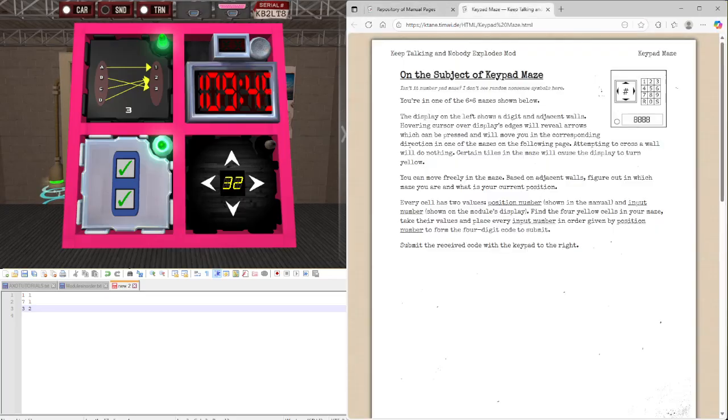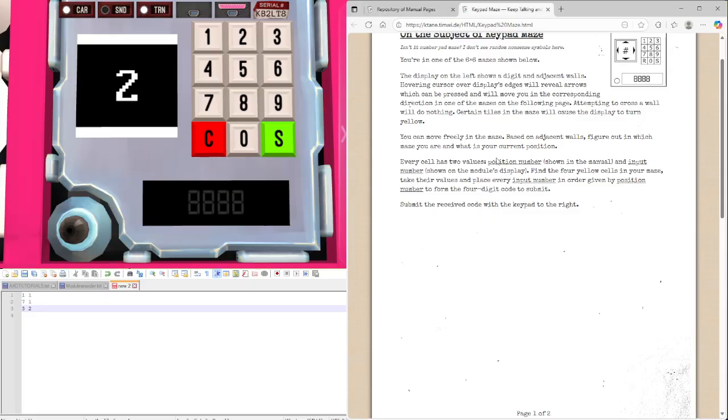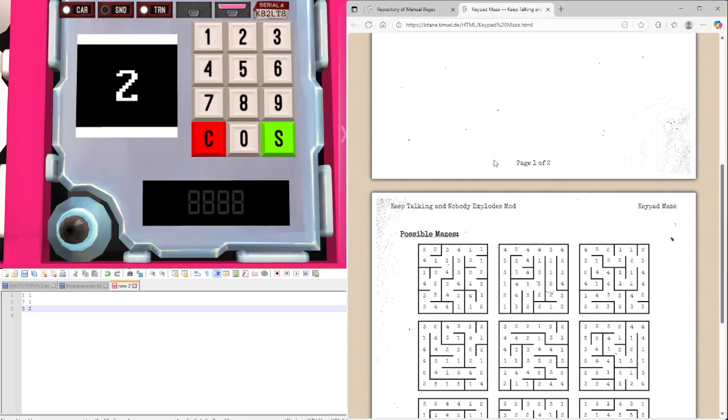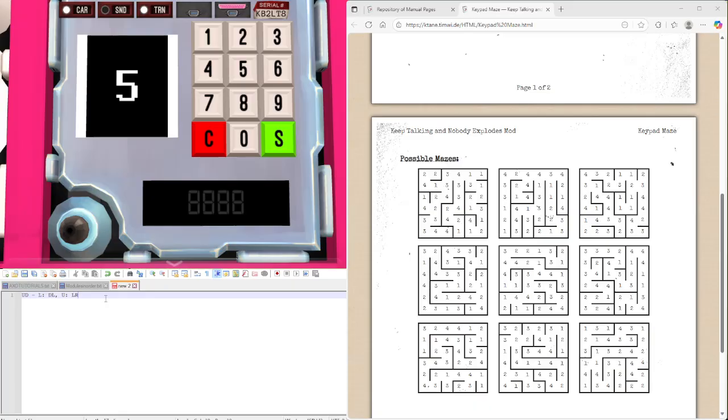Then we have Keypad maze. This one. We've got up, down, left takes us to down, left. Up takes us to left, right.